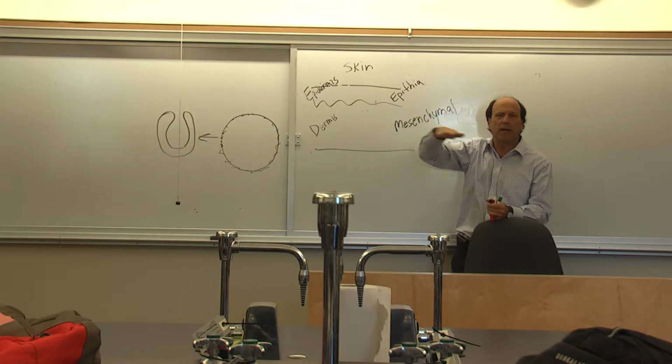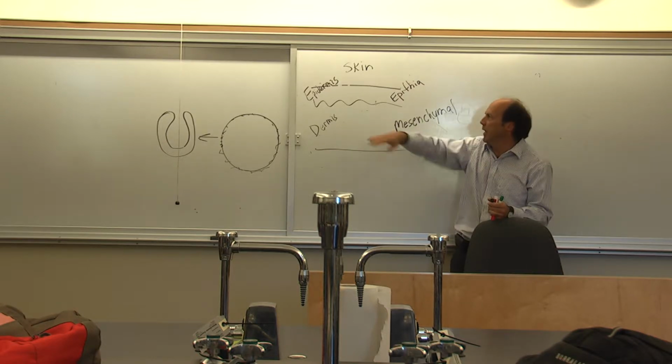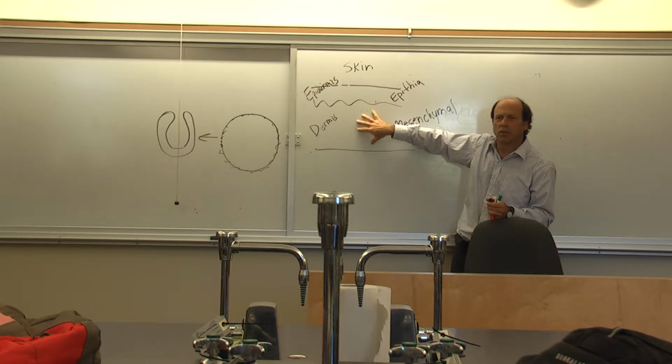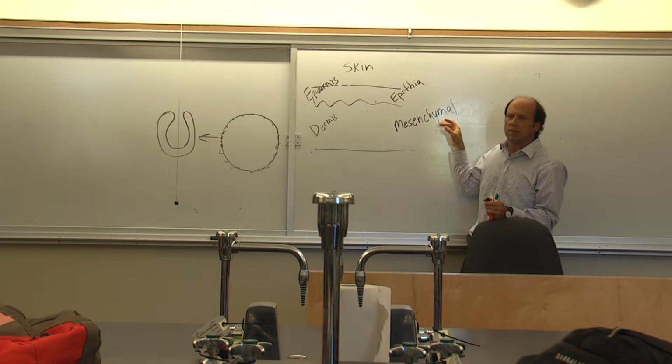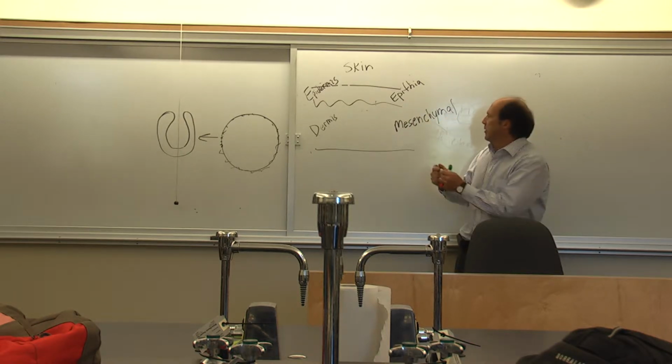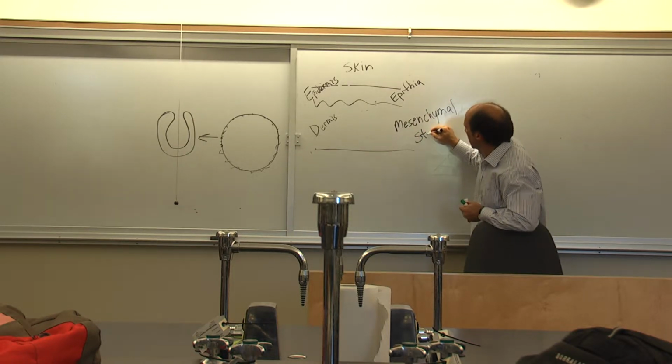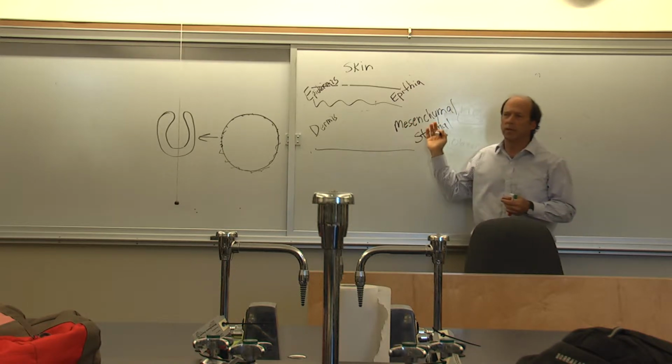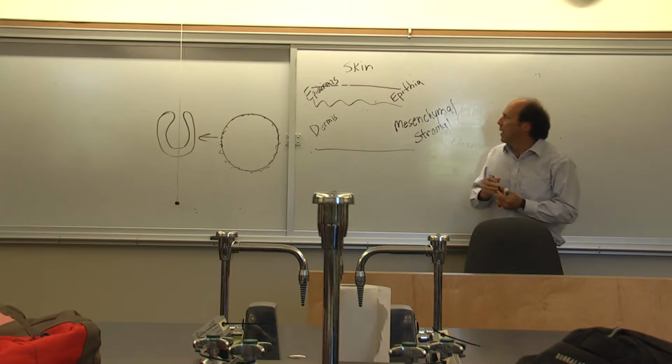It's one cell type that forms a structure, and then it's next to another tissue, and that tissue is the mesenchymal layer. Sometimes they say stromal, just to be biologists and confuse everybody. Those are really synonyms, actually.